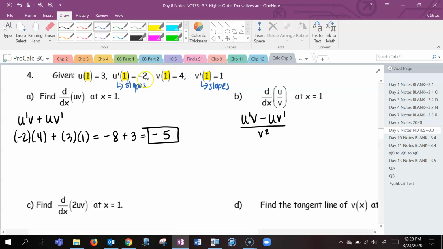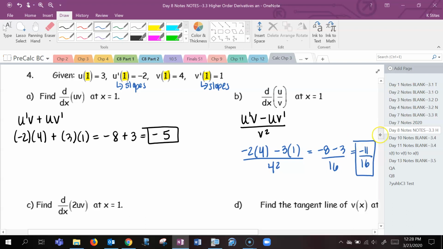U prime, -2, times v, 4, minus u, that's 3, times v prime is 1, all over v squared. That's -8 minus 3 over 16, which is -11/16.